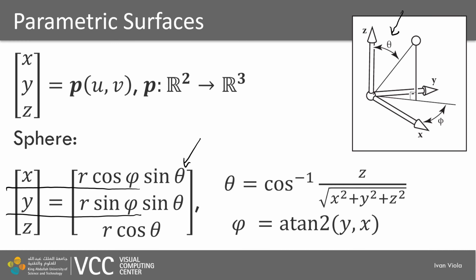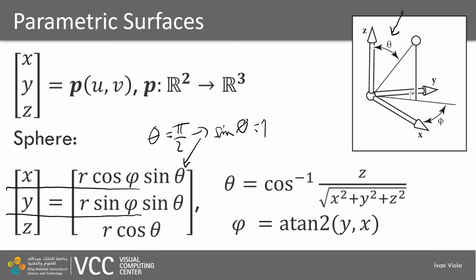Now, let's have a look at what happens when the angle has 90 degrees, meaning pi half. Well, in such a case, if theta is pi half, then sine theta equals 1.